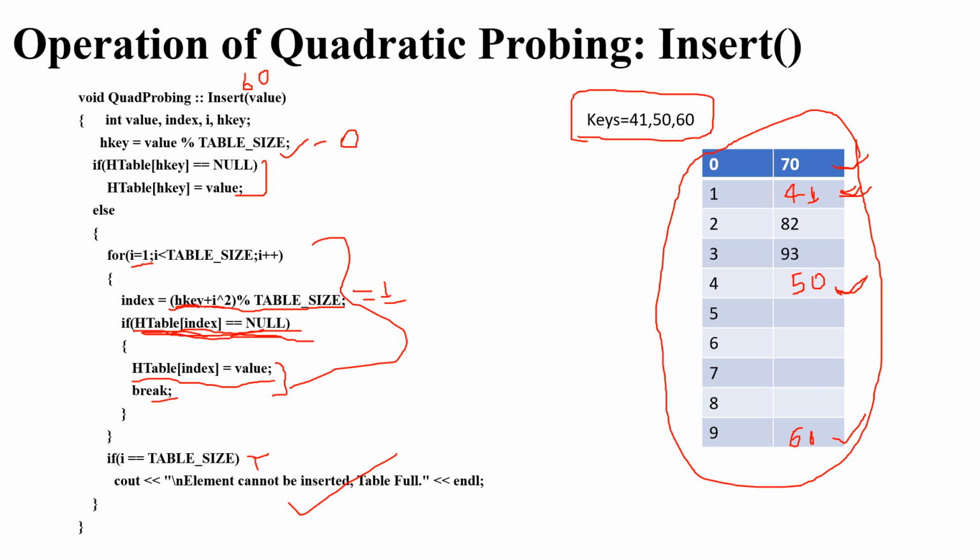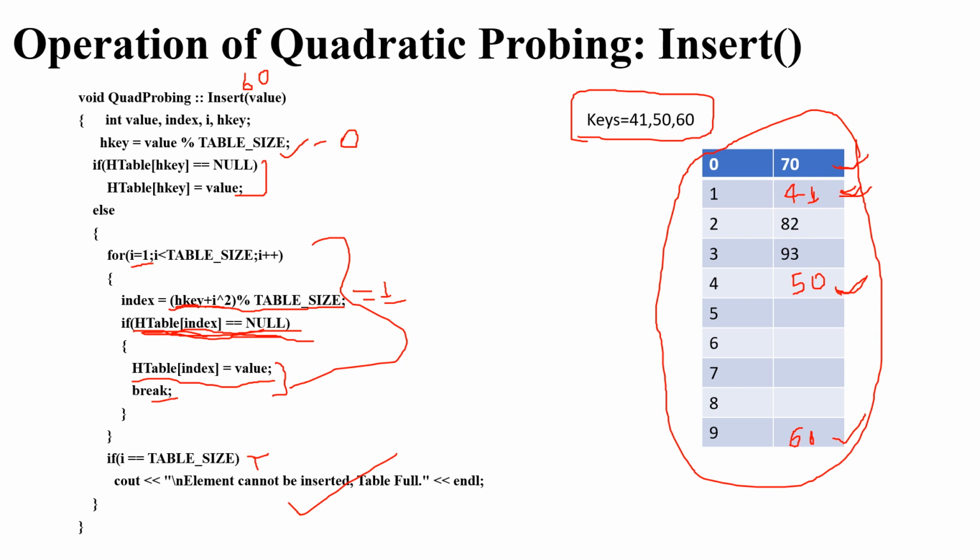Your table size is 10, which means you can only store 10 elements. If 12 elements or 100 elements came, how can you store them if you have a table of only 10? In a real-life example, if you have only 4 chairs and 6 students came, how is it possible to seat 6 students? That's not possible. So at that time you just show the message that the element cannot be inserted because the table is completely full.